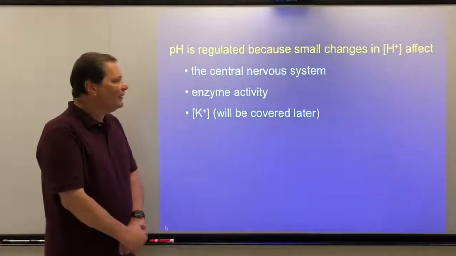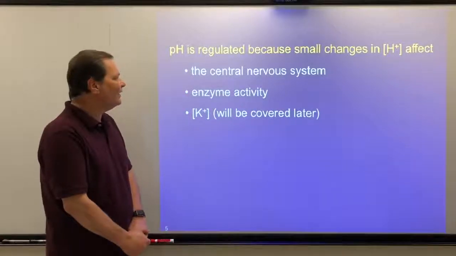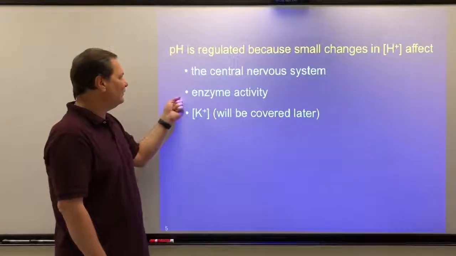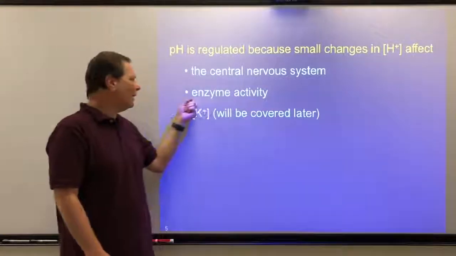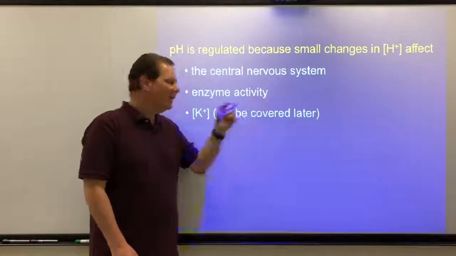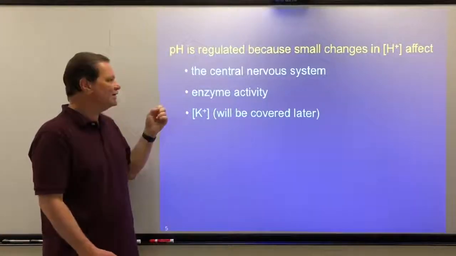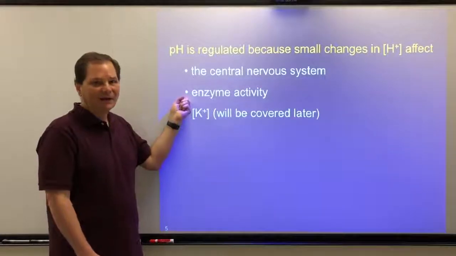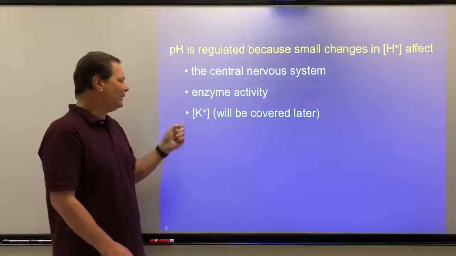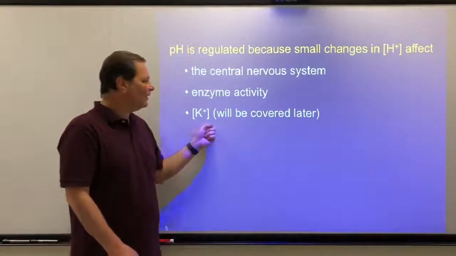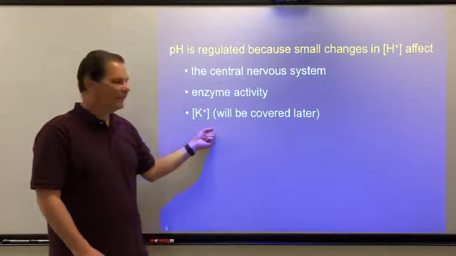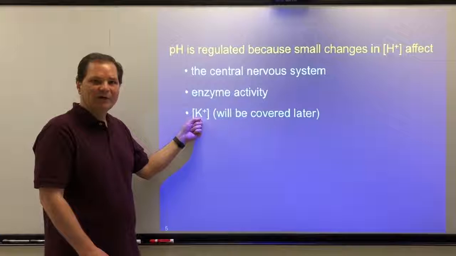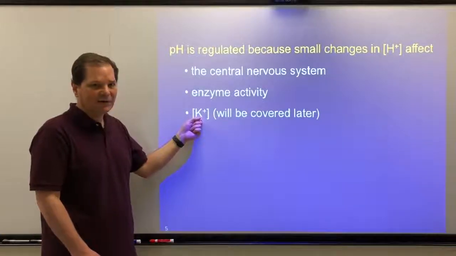If that hydrogen ion concentration gets outside of that range, you're talking about a lot of serious issues. Issues with the central nervous system. Enzymes typically work optimally at optimal pHs, and if you drop out of that optimal pH range, you change the enzyme activity. Usually you decrease it, and that can be extremely hazardous. And we'll talk about this in the very last lesson more than anywhere, but potassium ion concentration tends to vary inversely with hydrogen ion concentration.